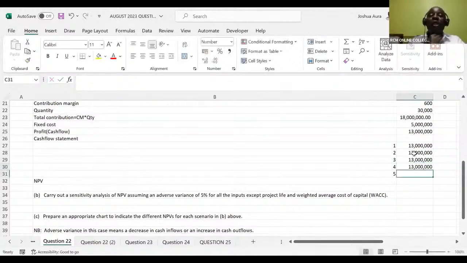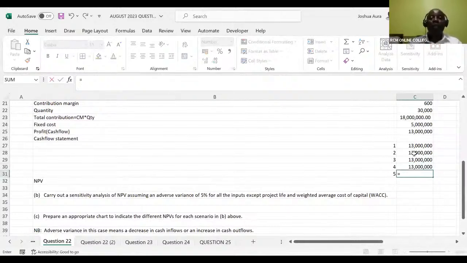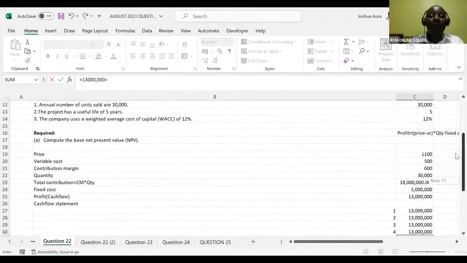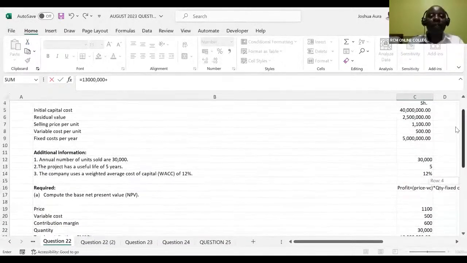But when it comes to year number 5, I must put equals because I'm going to add 2 things. There's a function I'm going to use. So I'll say equals, I pick this 13 million. Year 5 is the terminal year. I pick this 13 million, and then I say plus the residual value, the scrap value. The scrap value has been provided in this question.